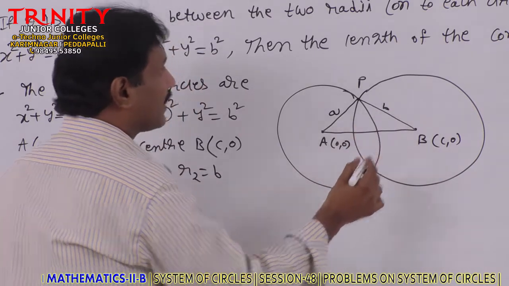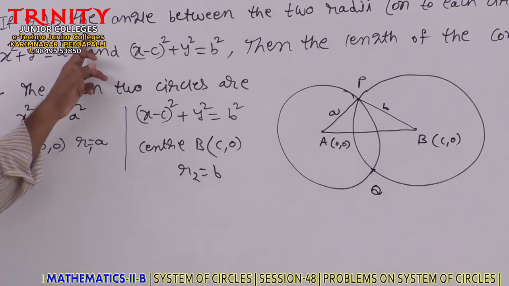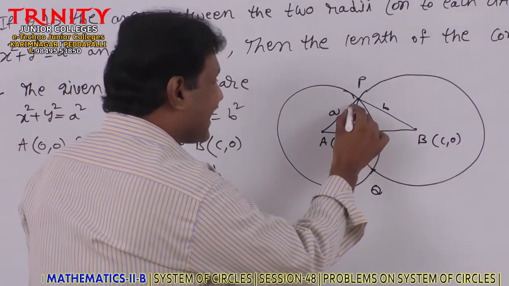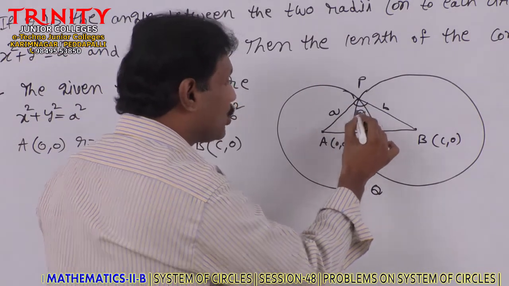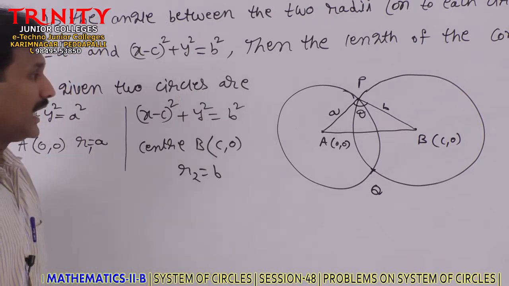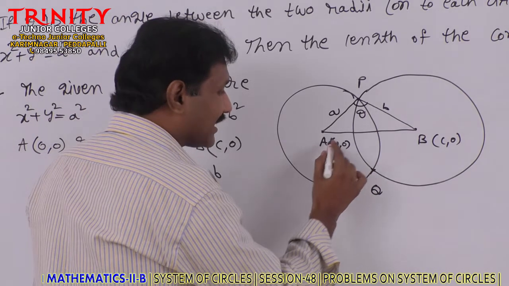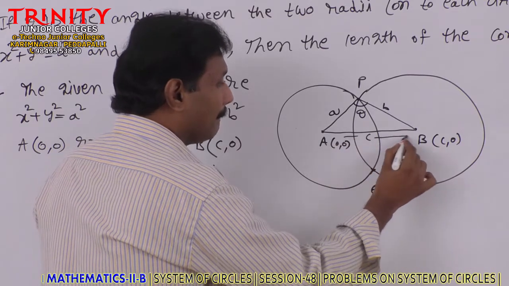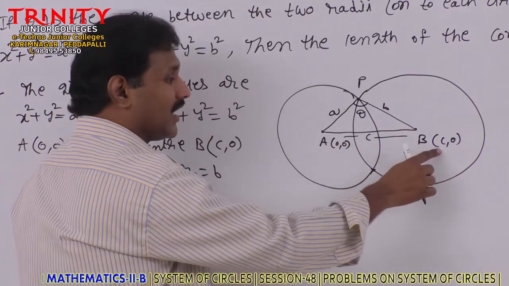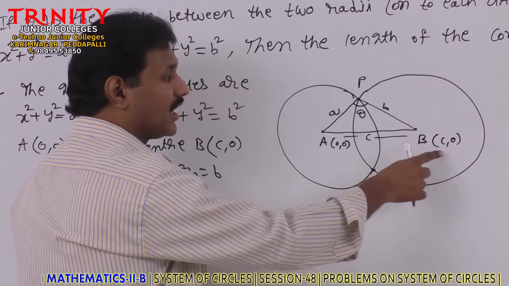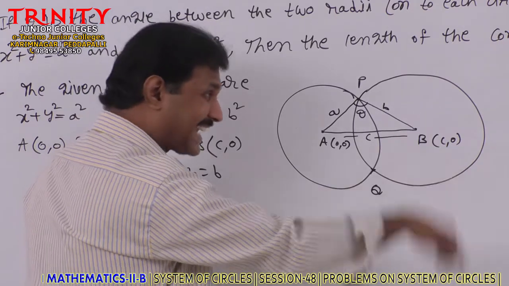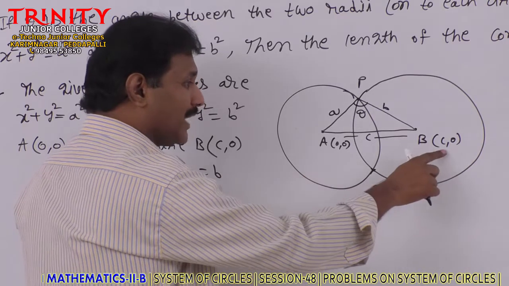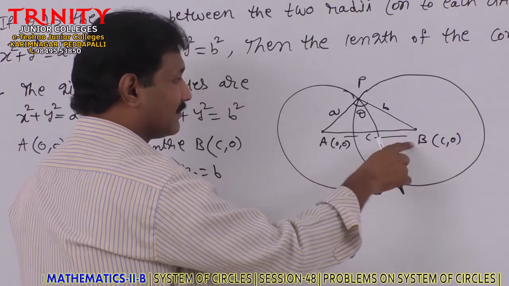This is small b. Here theta is the angle between the two radii. We know that the distance from A to B is c, because these two points lie on the x-axis. A is the origin. The point B also lies on the x-axis. Since its y coordinate is 0, the distance from A to B is its x coordinate, that is c.